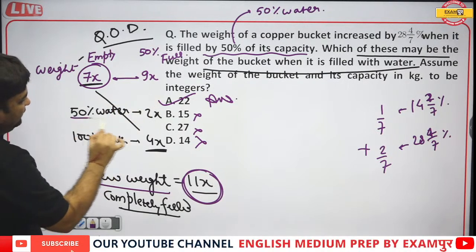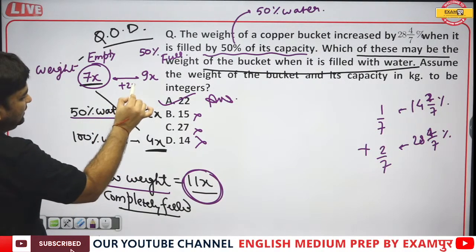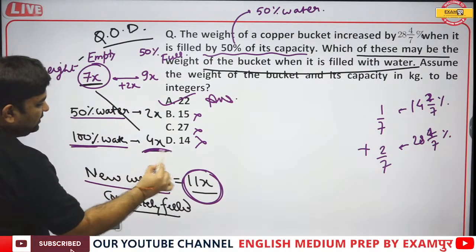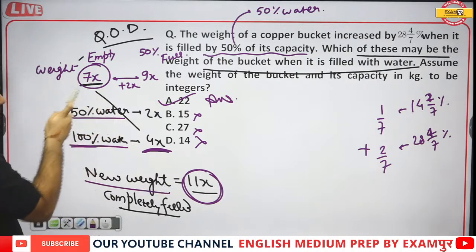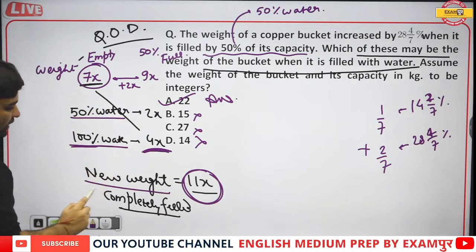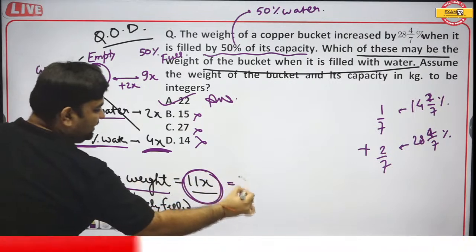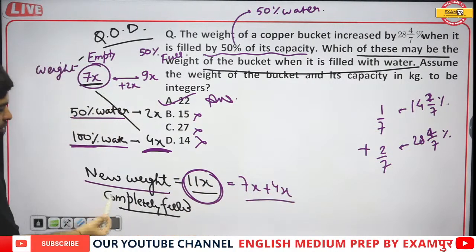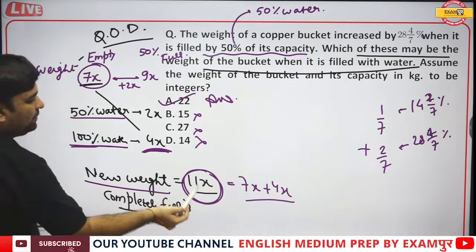So 50% of the water is equal to 2x. If you completely fill it with water, it is going to be 4x. So the new weight is the empty 7x plus water 4x, 11x. If all of them are integers, only a multiple of 11 can be the weight of the bucket.